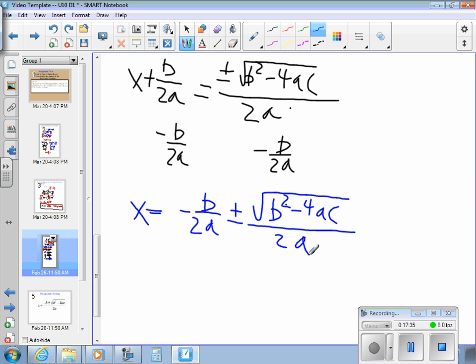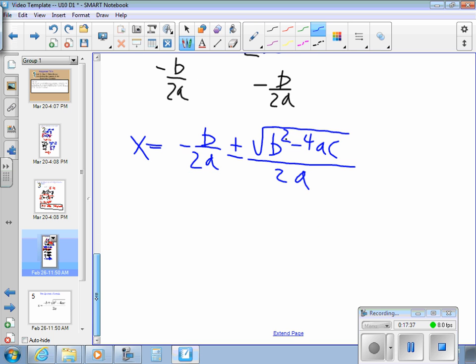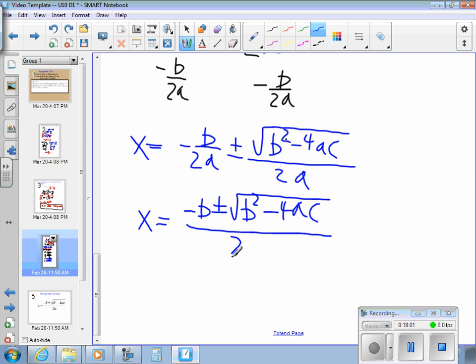Notice I already have a common denominator, so that makes the next step fairly simple. I can combine these fractions, giving me x equals negative b plus or minus the square root of b squared minus 4ac, and that's all over 2a.